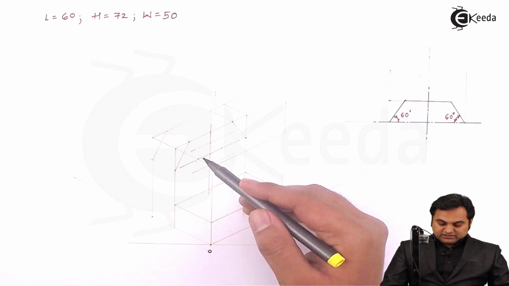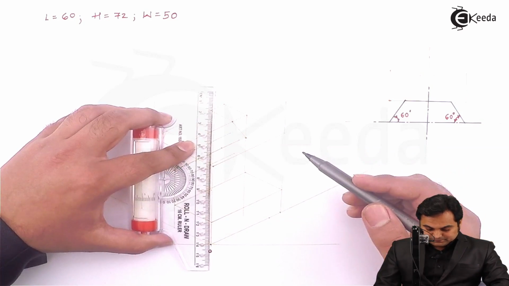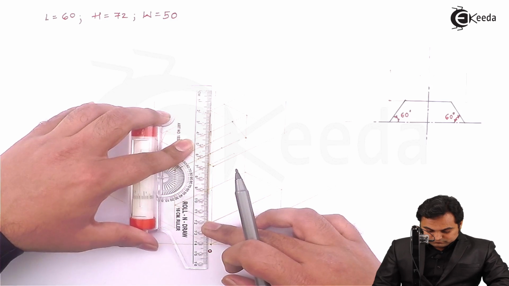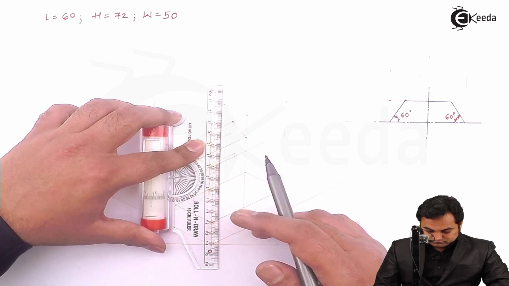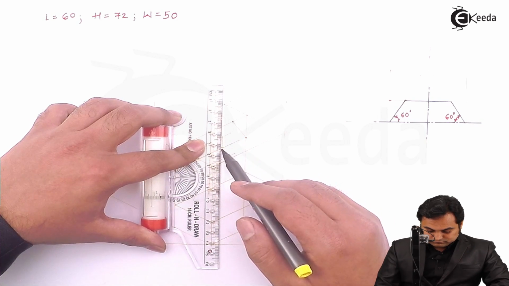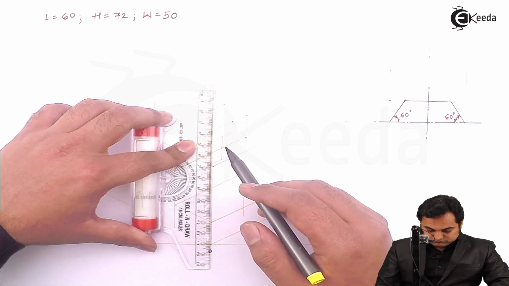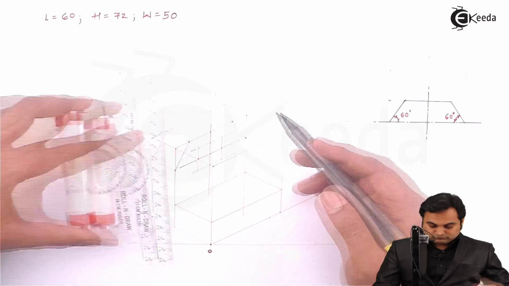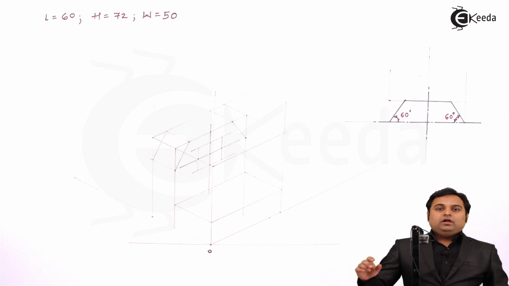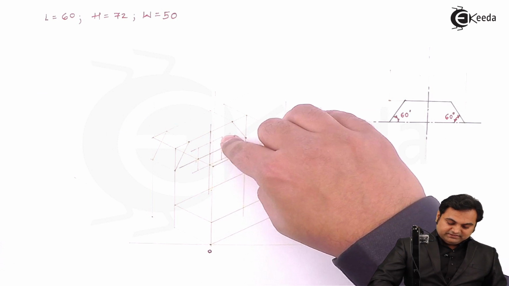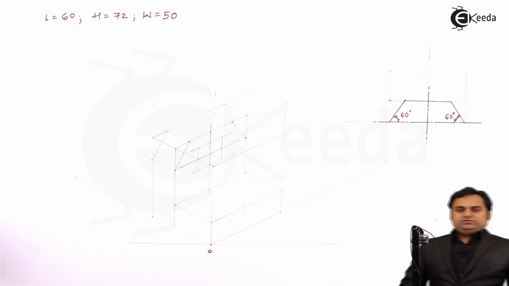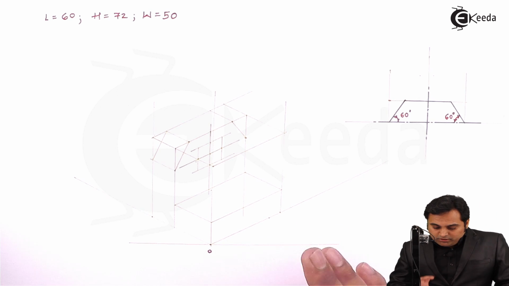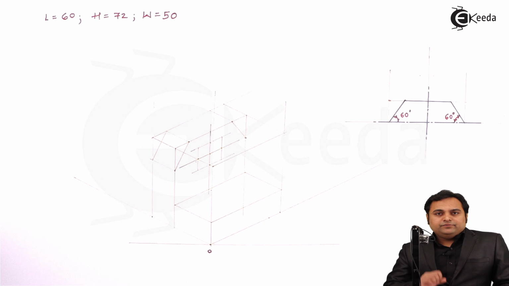Through these points I am drawing the vertical lines. Now I have to draw that circle inside this parallelogram, because that is the method we follow in isometric projections.